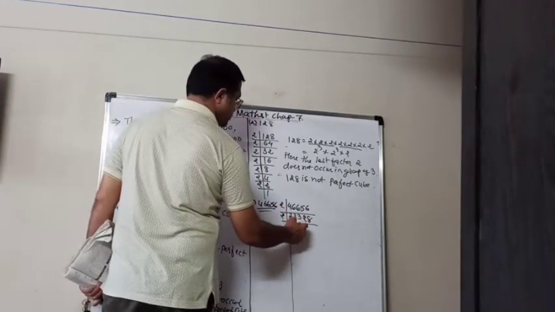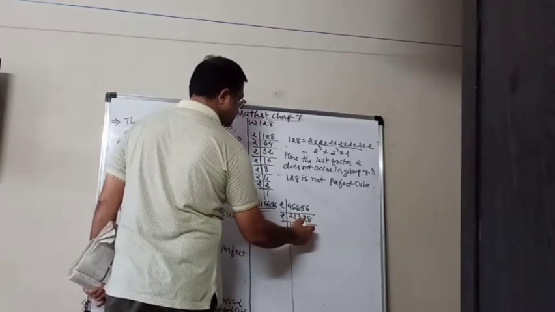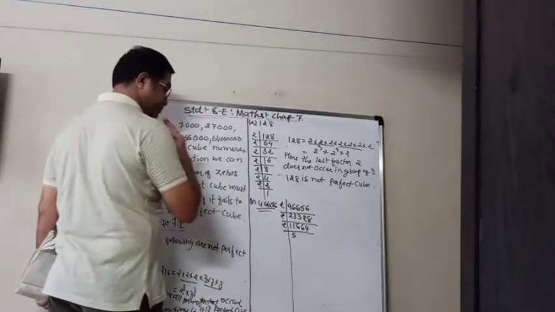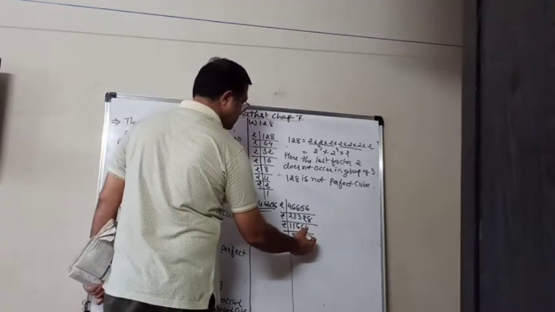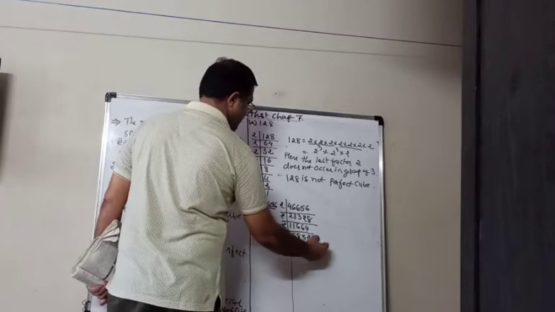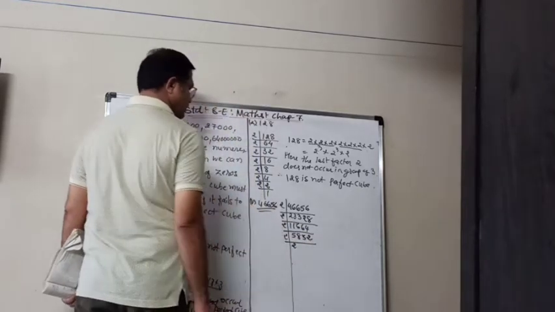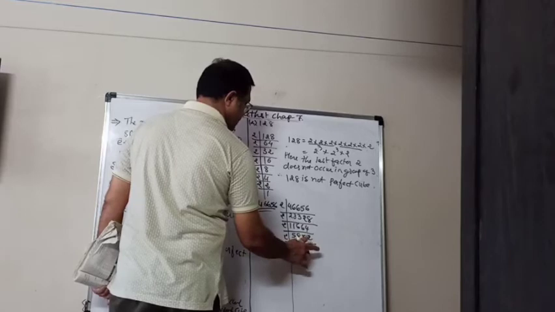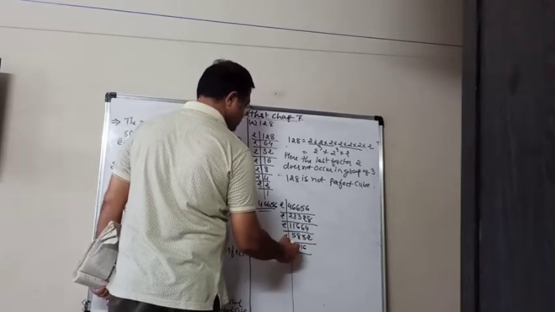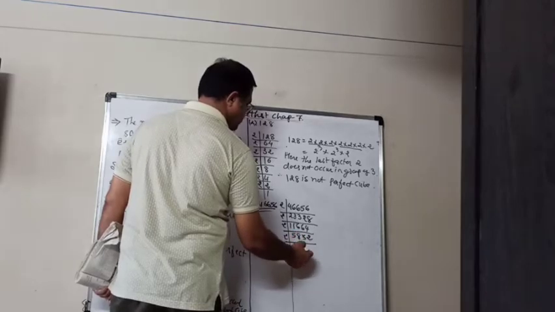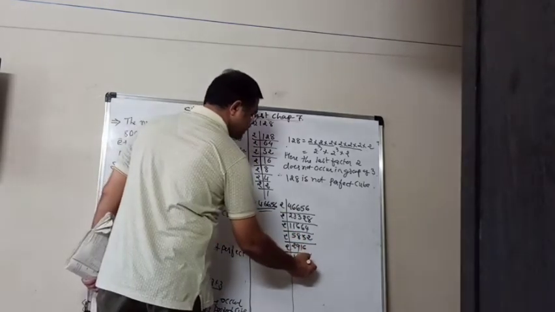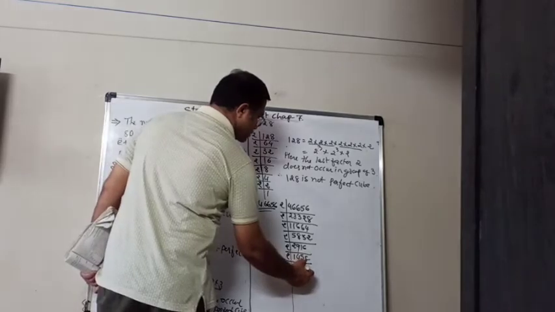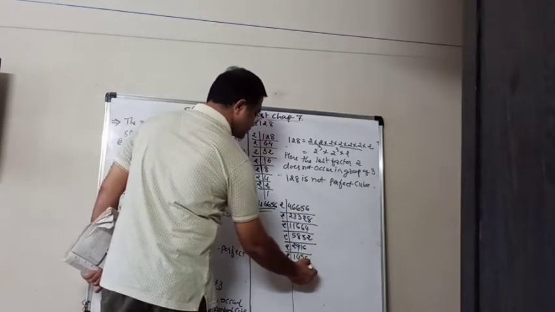Again 2 1s are 2, 2 1s are 2, 2 6s are 12, 2 6s are 12 and 2 4s are 8. 2 5s are 10, 2 8s are 16, 2 3s are 6, 2 2s are 4, 2 9s are 18, 2 1s are 2, and 2 6s are 12. 2 1s are 2, 2 4s are 8, 2 5s are 10, 2 8s are 16, 2 7s are 14, 2 2s are 4, 2 9s are 18.